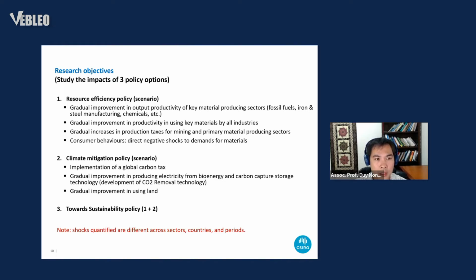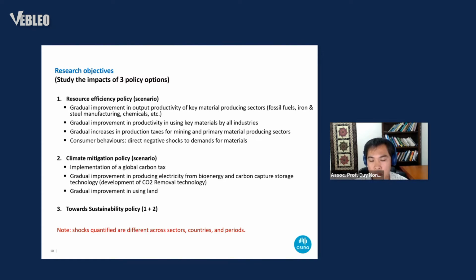The first option is to look at the impact of the resource efficiency policy, and we assume there is a gradual improvement in output productivity of key material producing sectors like fossil fuel, iron and steel manufacturing, chemicals, etc. We also assume a gradual improvement in productivity in using key materials by all industries. Actually, output productivity and input productivity are just two sides of a coin, but because we collect the data and resources from other studies, it depends on the data available, and they focus on different industries. So here we select and incorporate the information into our study.